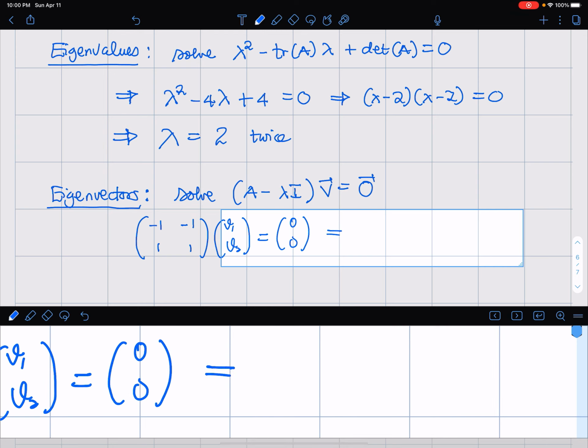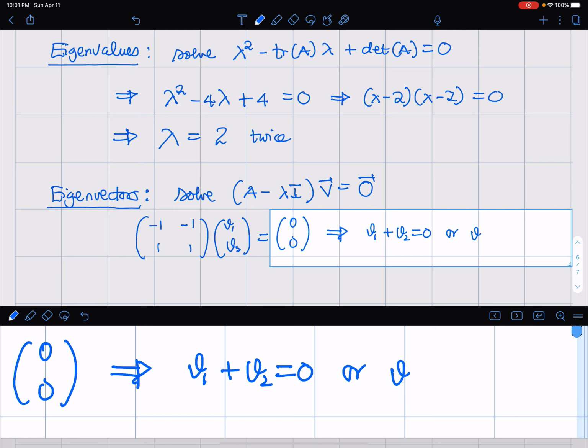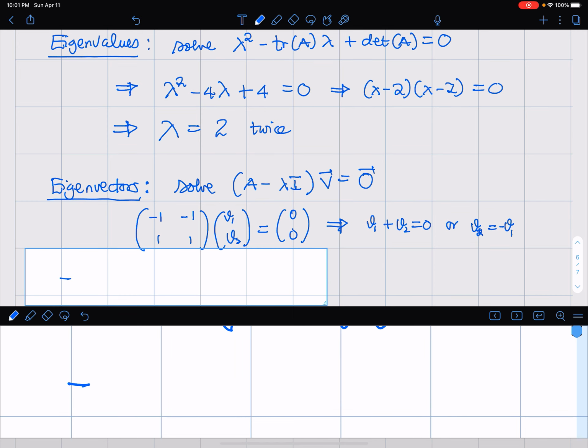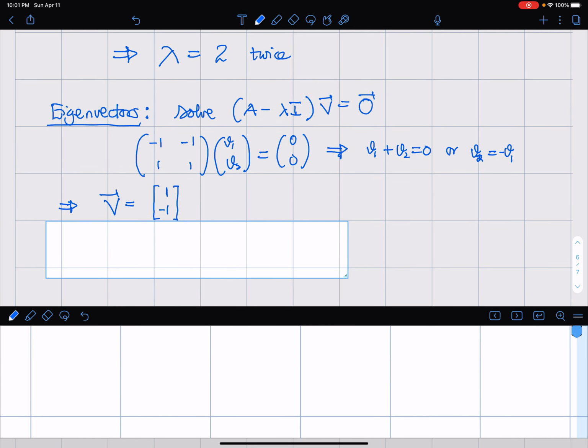And this is the same equation. If we go with the second equation, we just end up with V1 plus V2 is equal to 0, or V2 is equal to negative V1. So this means that our eigenvector is, let's make V1 be 1 and V2 be negative 1. That's our eigenvector. But we need two eigenvectors for linear independence.